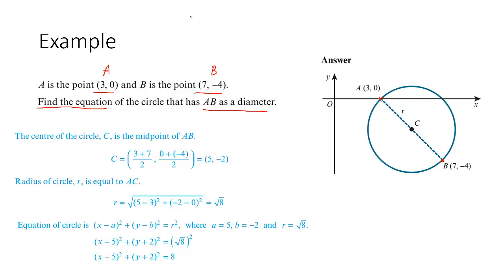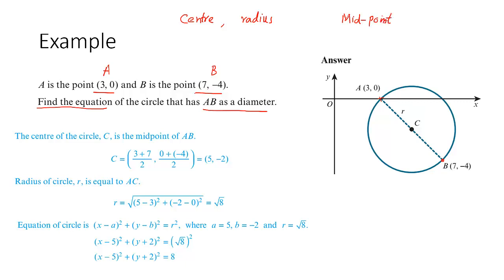So to find the equation of the circle, we need center and radius. Student, right now we don't have the center and we also don't have the radius. So what to do? We know that the center is the midpoint of this diameter. So we use the midpoint formula, which you have studied in your O-level and IGCSE mathematics.